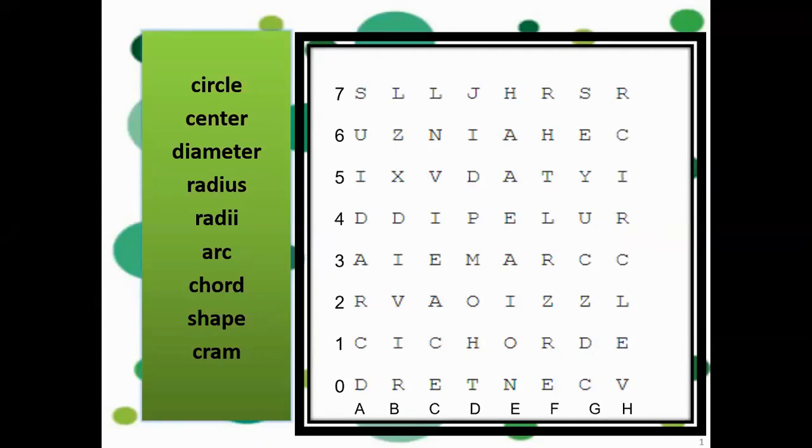A word search is to find the words. So I'm going to use the last word to show you how we're going to do this. Our last word is crown.